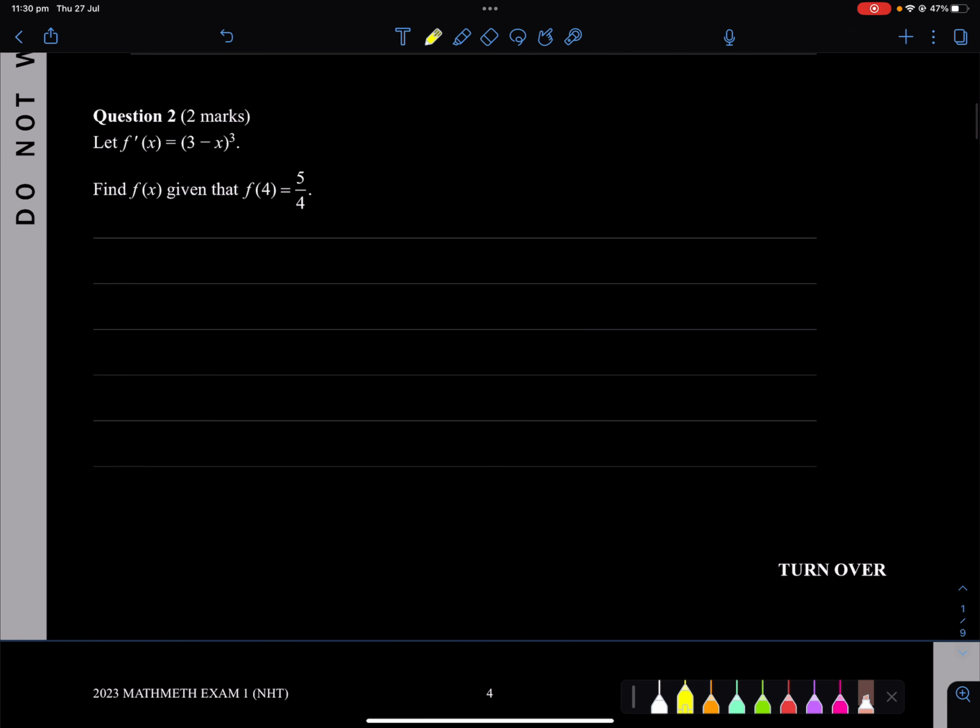Question 2. Let f dash of x equal this. Find f of x given that. So I want to find f of x. It's the integral of (3 minus x) to the power of 3 dx. Which will be, in square brackets, 1 over: we want to add 1 to the power, so 3 plus 1, 4.